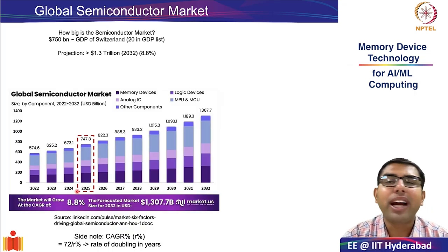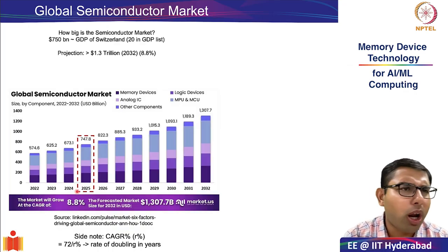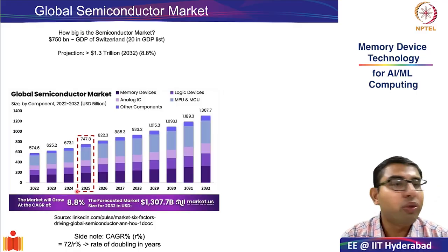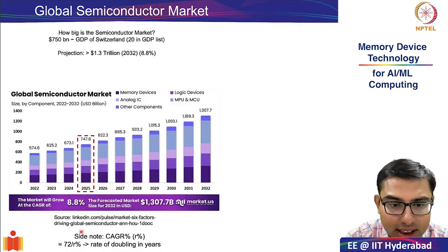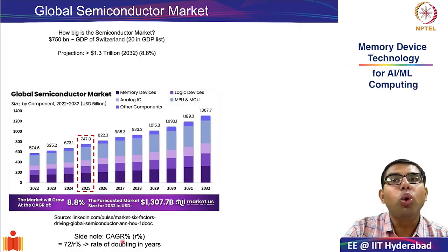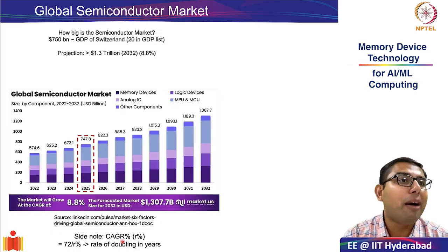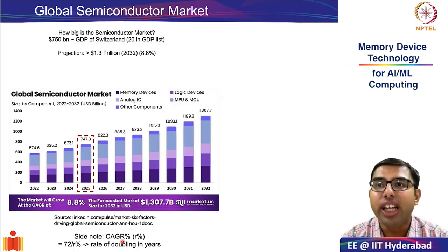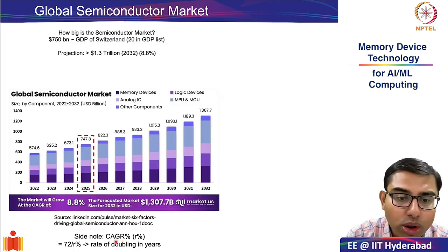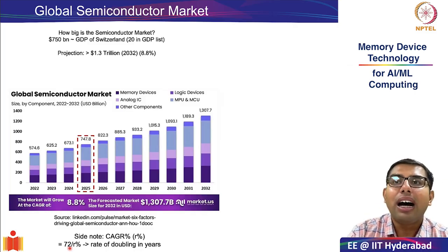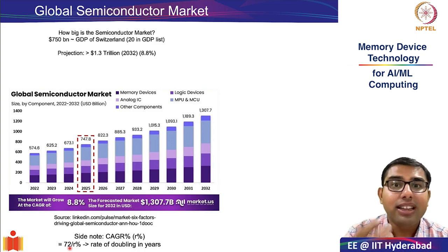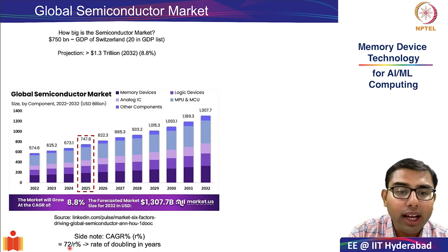So how do we find out whether this number, 9%, is a small number or a big number? We can look at it from two different perspectives. First is a thumb rule when you deal with CAGR.